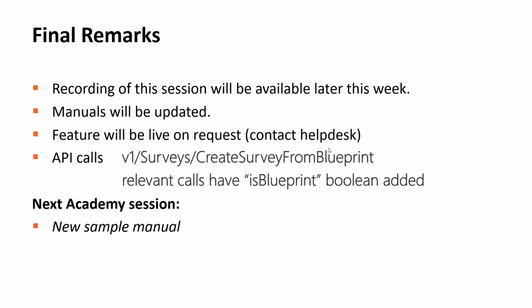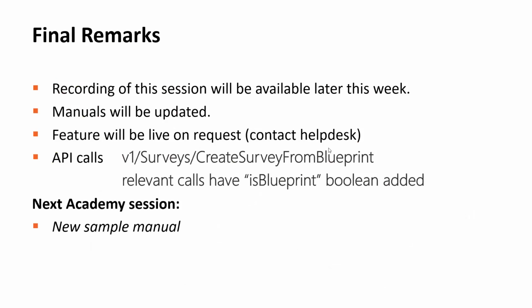The API calls. We have one new API call, which is the create survey from blueprint call. This will create a survey from a blueprint, or it will create a blueprint based on the survey, depending on what you are using.